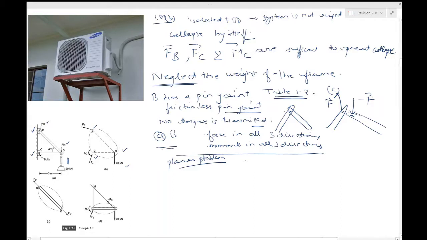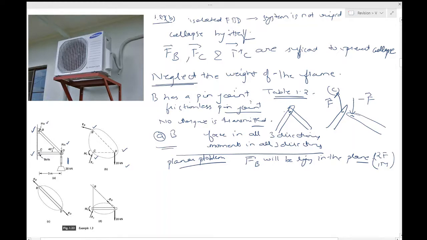So FB will lie in the plane. This is an expectation through which we have said that FB lies in the same plane, and hence automatically you will have only two forces and one moment to take care of right now.